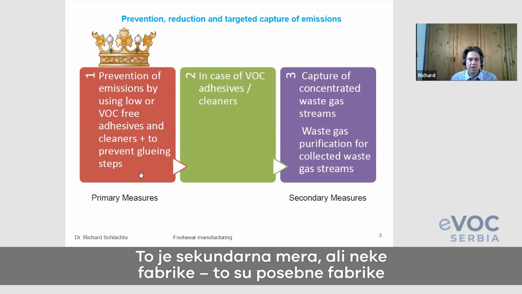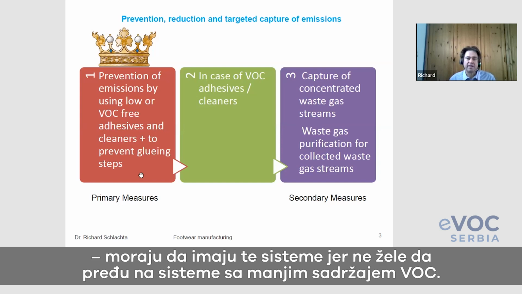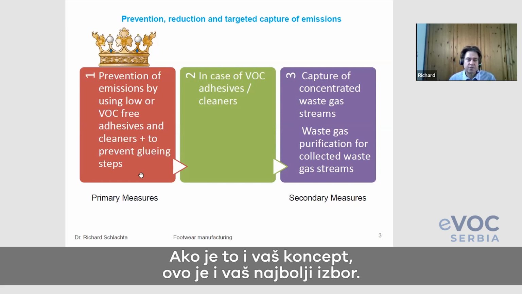As I told you, that's a secondary measure, but some shoe fabrics, the spacious shoe fabrics, have to apply a waste gas abatement system because they don't want to change to low VOC materials. And if you have that concept, you probably have no other chance.